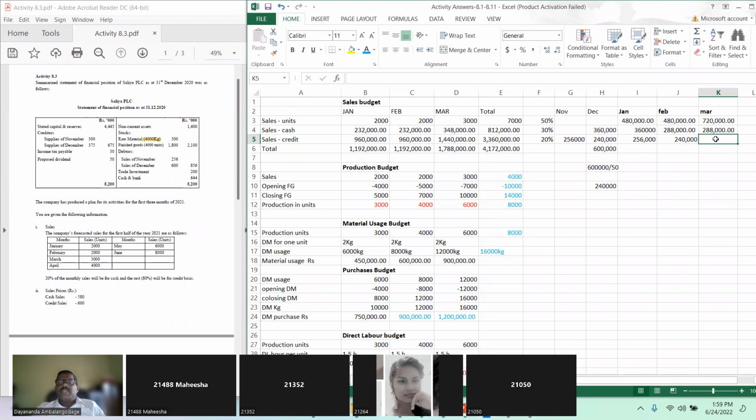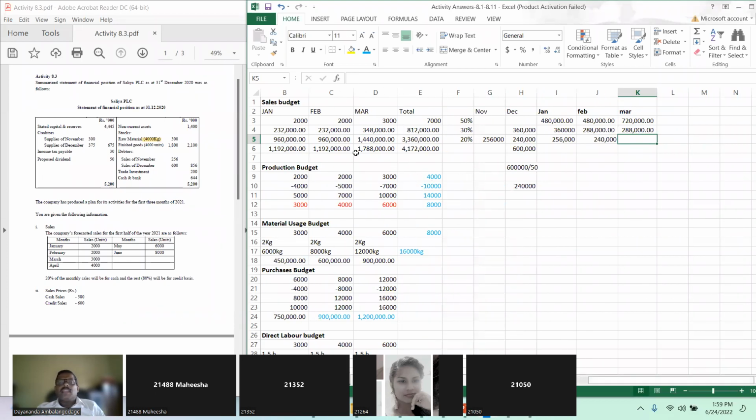And here what you do is, here 20%, you will get the 20% from 2 months, or you are in March. So thereby this 960, which is your January sales, you get 20%.